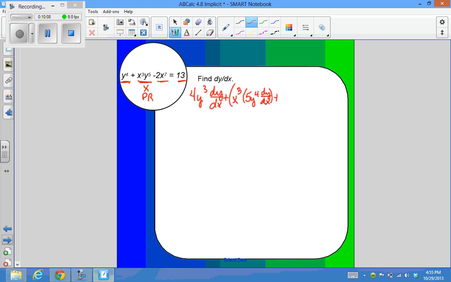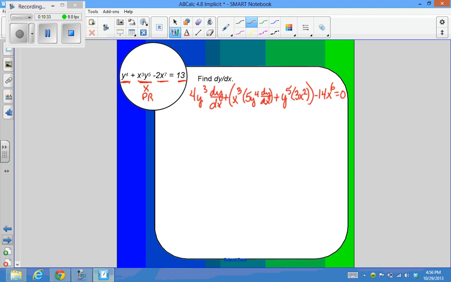Plus, this next one, I've got to do product rule: the first times the derivative of the second, plus the second times the derivative of the first, which will be 3x squared, and I'm taking the derivative with respect to x, so I don't have anything else there. The x dx just goes to 1. Minus the derivative of 2x to the 7th is 14x to the 6th, equals 0. Okay, this is kind of messy looking.